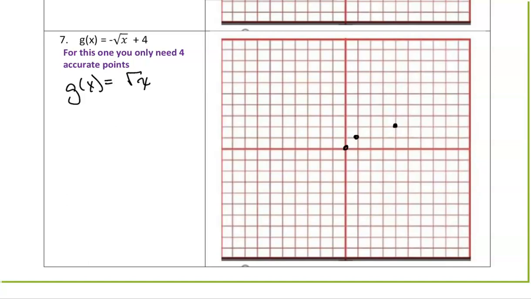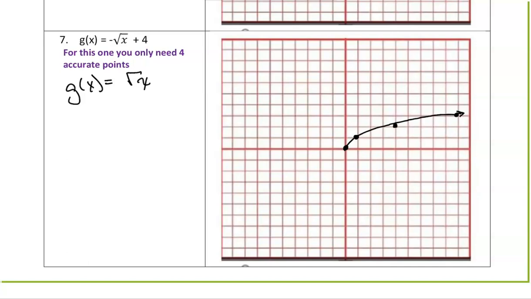And we need 4 points. Let's do one more. Square root of 9. 4, 5, 6, 7, 8, 9. Square root of 9 is going to be 3. So we have plenty of points. And this is going to go on. Okay, good. So that's my original graph of the parent function.